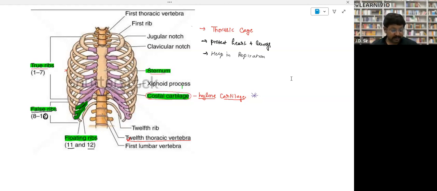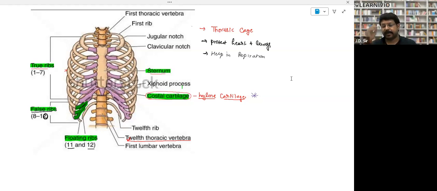Their anterior end attaches with the sternum by means of hyaline cartilage.